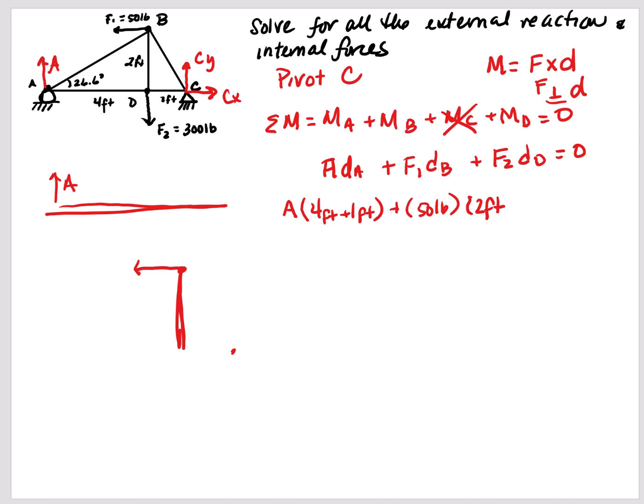Remember, since these are vectors, the vectors can shift as long as they are parallel. F2 is given as 300 pounds. So the distance between the F2 vector, which goes down to C, has to be perpendicular again. So this is my D, so it's going to be 1 foot. This has to equal 0.